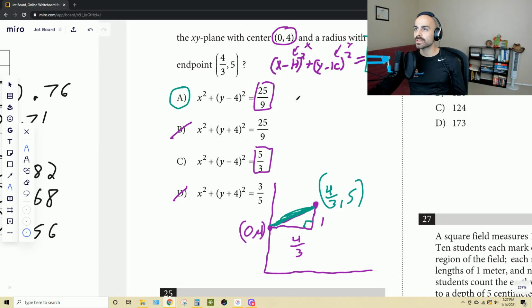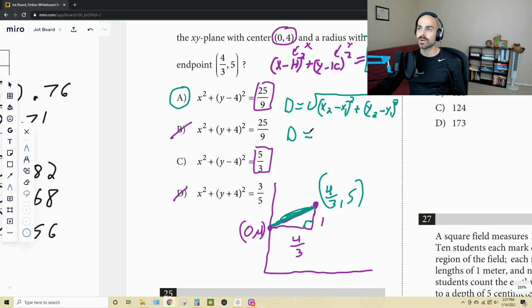The distance formula is: distance equals the square root of the difference between your x coordinates, squared, added to the difference of your y coordinates, squared. Once you add those two squared differences, you just take the square root, and then you end up with what you're looking for.